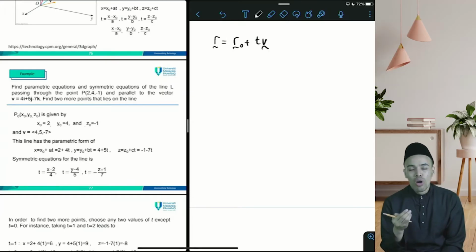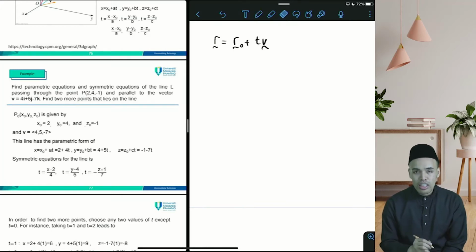And in order to determine the vector equation of a line, you should know at least one point that lies on the line, and at the same time a parallel vector. In this case, all the information is given to you.